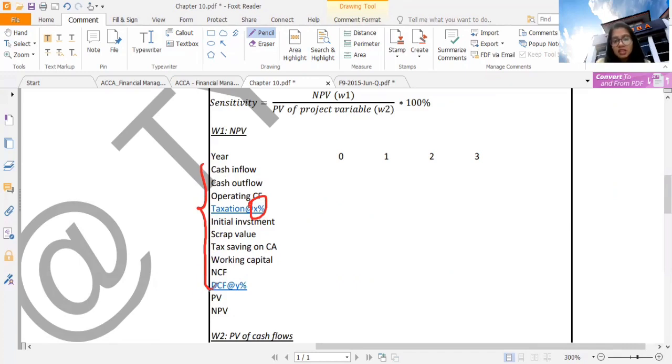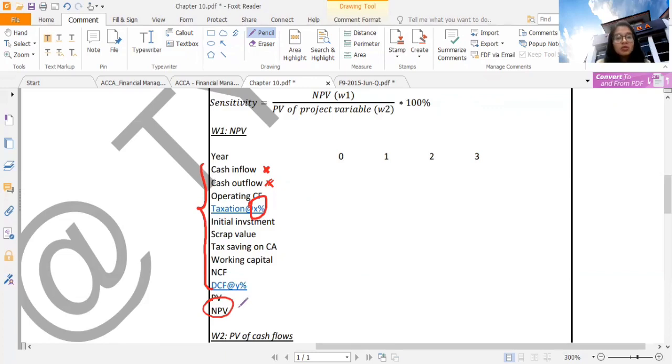So all these are variables that will affect your project NPV, correct? Because if there are some changes in any one of these elements, it will affect the NPV in such a way the NPV may become zero or negative.